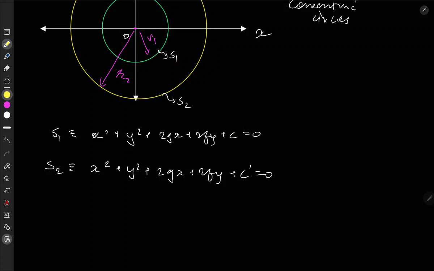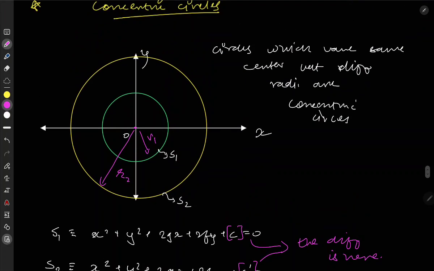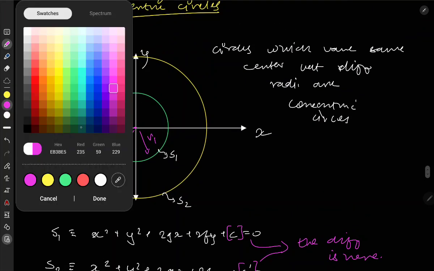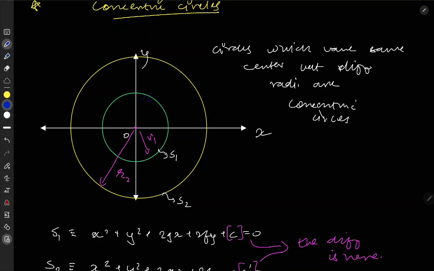So the difference is over here. You can see, I'll use another color, sorry. The difference is over here. The intercept is different. C denotes the intercept on the y-axis, and the intercept is obviously different. I'll highlight it with a different color. Okay, blue is not visible, I'll use red.